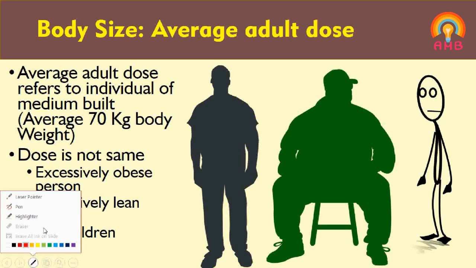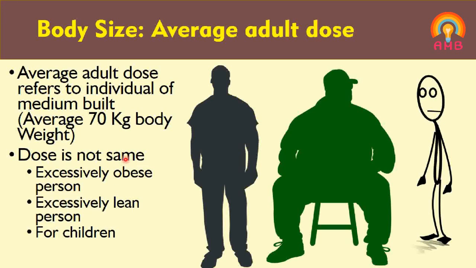If we give this average adult dose to an obese person, we will not get the desired amplitude of action in that person. And if the same dose is given to a lean individual or children, it may prove toxic or fatal in them.